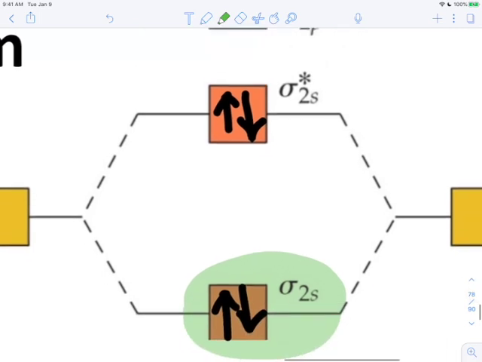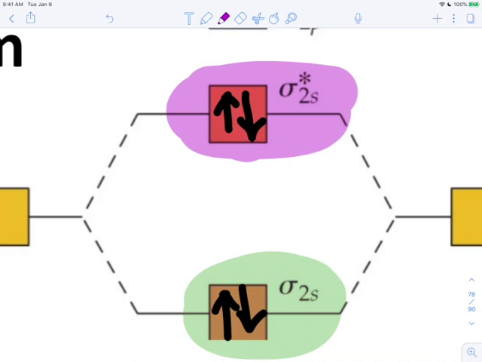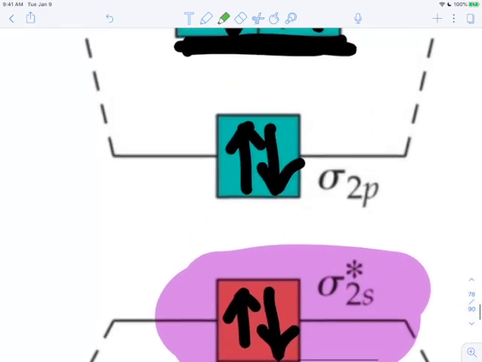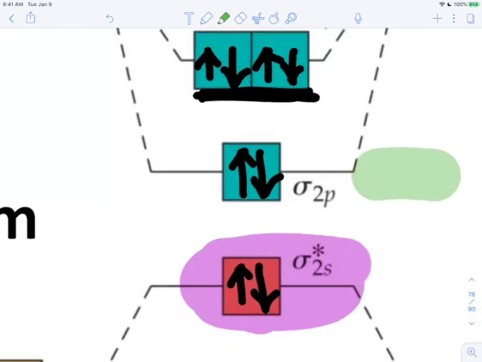How about that one on the top? Bonding or antibonding? Excellent. Your parents would be so proud you know how to spot your orbitals. All right. How about the one that's here in the center of the screen? Is that bonding or antibonding?